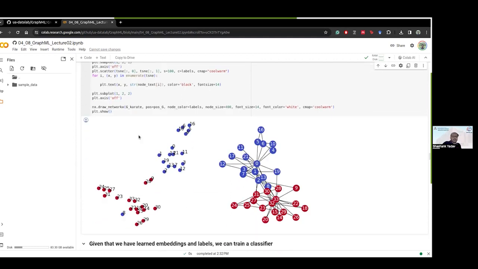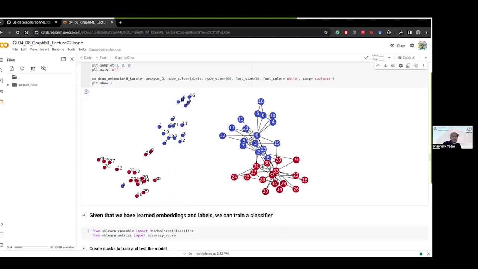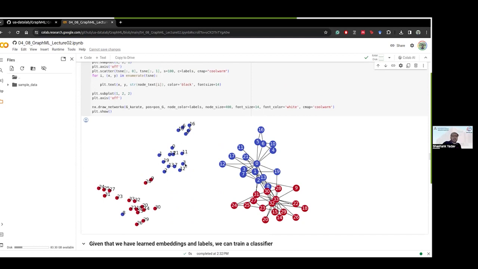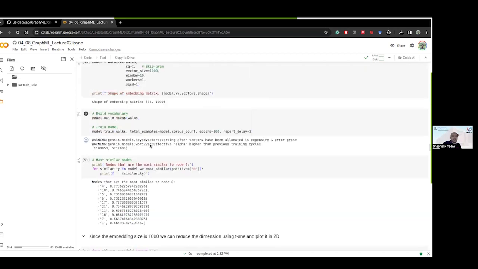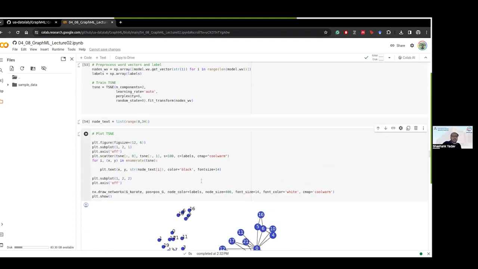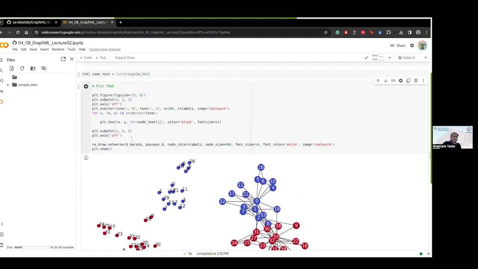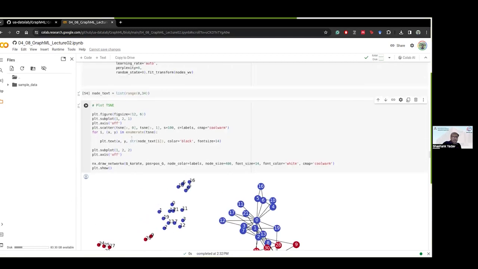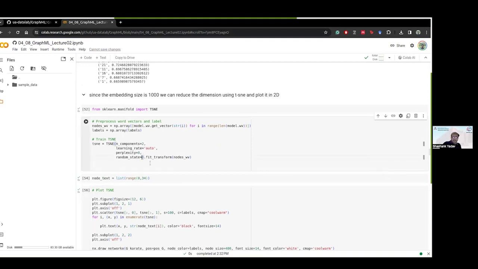So here what we see is that on the right, this is the actual graph we had, and on the left, these are the 2D representations of the 1000 dimensional vectors which we obtained from DeepWalk. And we can see that it has clustered everything in the blue together, and the red together. There's only one outlier, which is number 8, which is appearing here. But since TSNE is non-deterministic, you can probably run it again. You may have something different. Let's say I change the random state, then you might see some different results.